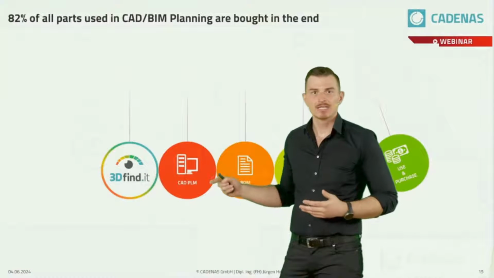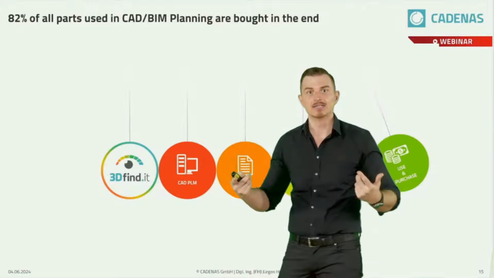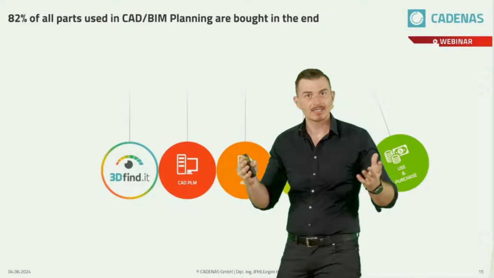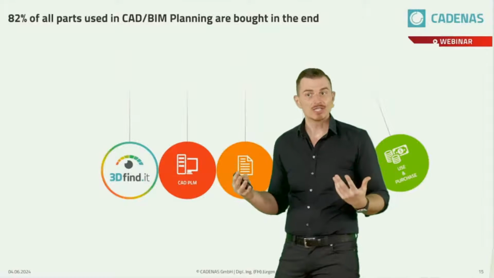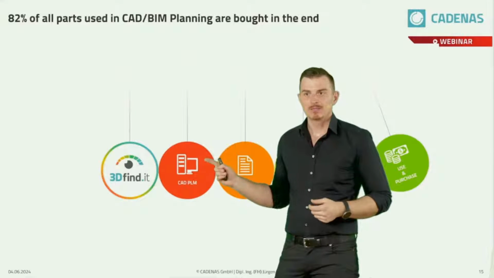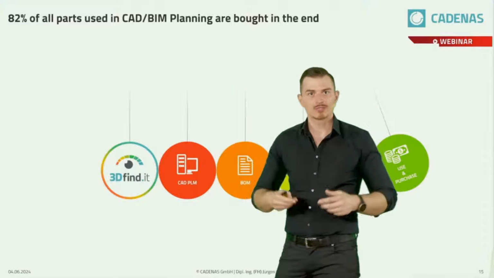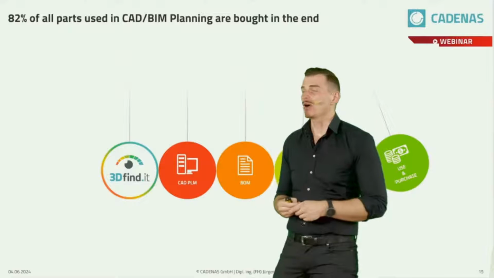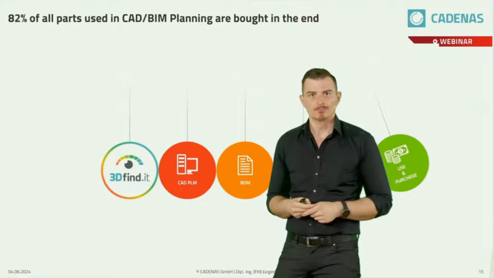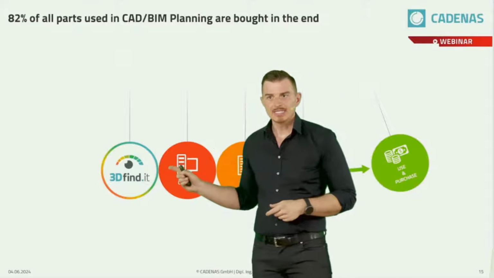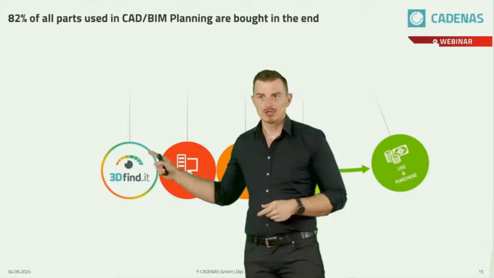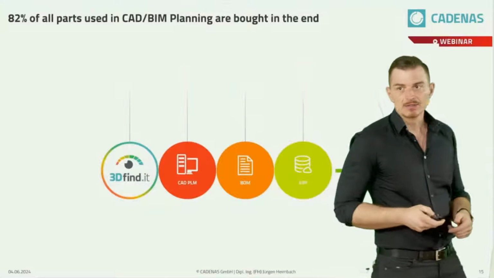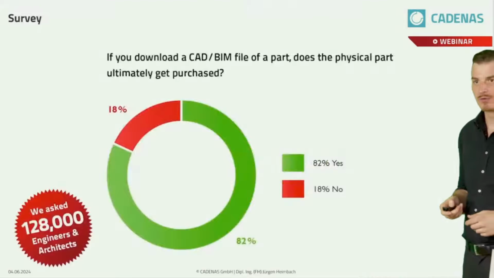Means if he's looking for something, if he has got an idea or a problem to solve, maybe he needs to plan a building, or maybe he has to plan a machine, then the origin of the need for parts will always be the CAD, where an engineer thinks of how he is going to solve this problem. And so the origin of the need is here, and what he does then is he goes to a platform or your website and gets the data, asks for data.